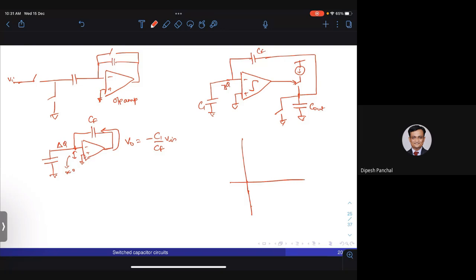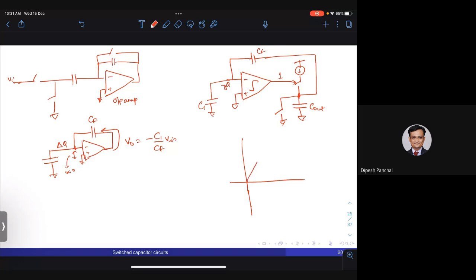The comparator turns on irrespective of the previous cycle, since the output is always shorted to ground. Every time you connect the capacitor to this input, the output of this comparator becomes 1, and this current source gets connected to the output capacitor, and the output starts getting charged up.